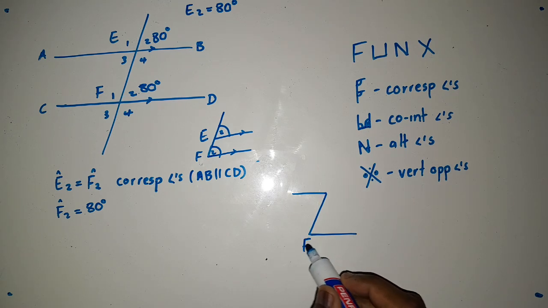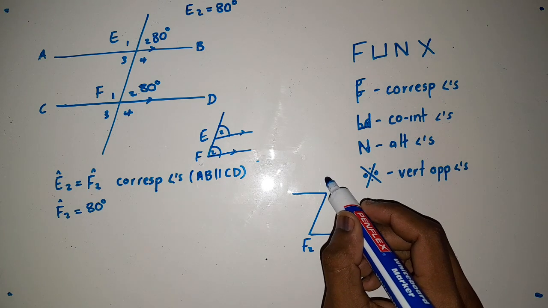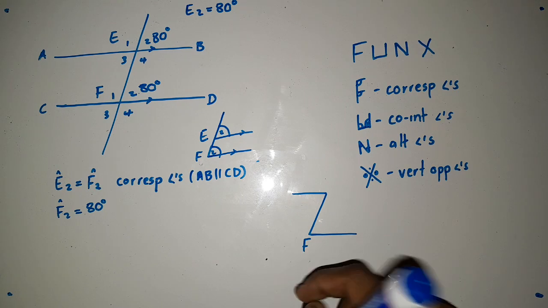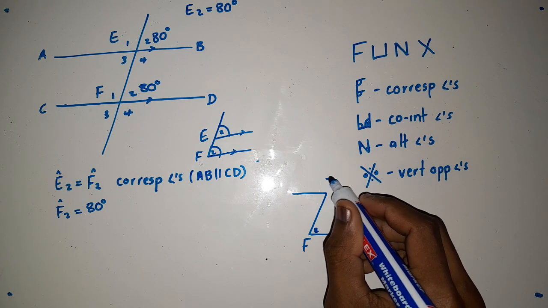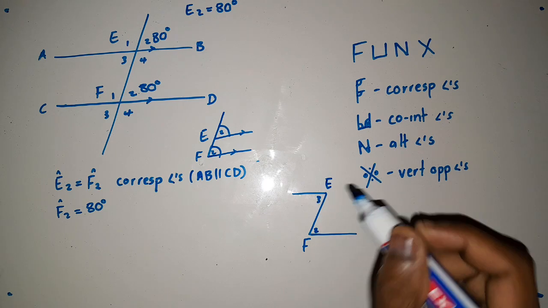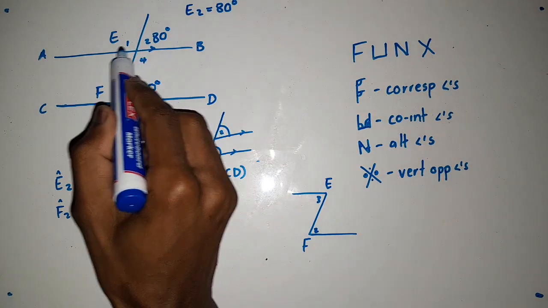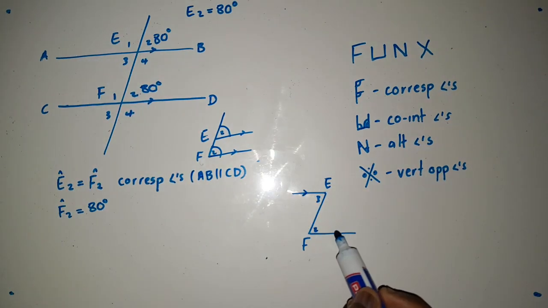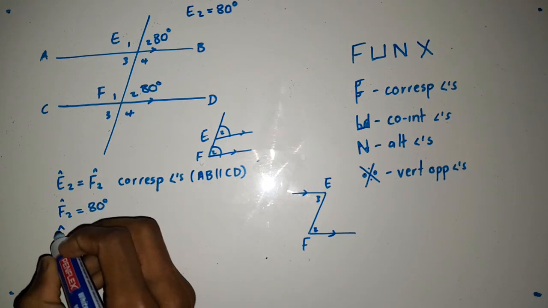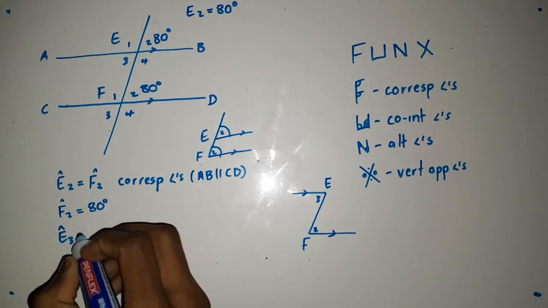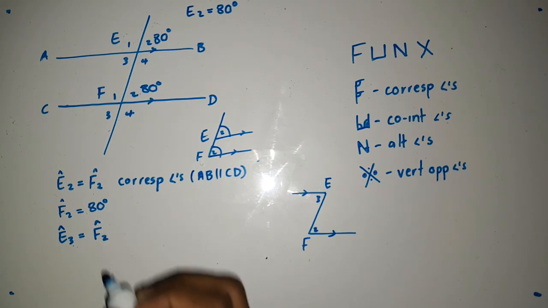We have F2, and somewhere there we have E3. You see, we get a Z shape like this. You know these two lines are parallel. Therefore, our E3 is going to be equal to angle F2.